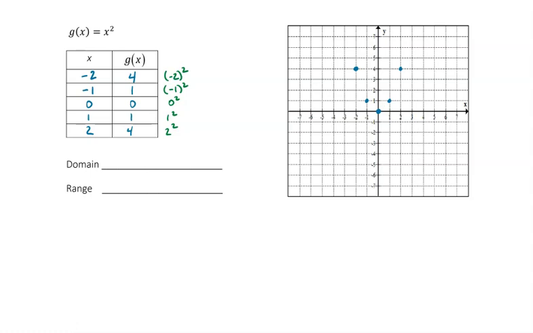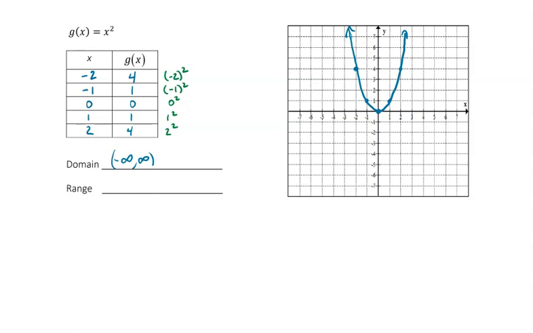Now, again, we're going to connect all of these points, but this time they can't be connected in a straight line. So we're going to end up with something that's a bit curved. It's going to look kind of like a U. This one's called a parabola. For domain and range, it is -infinity to infinity for the domain.